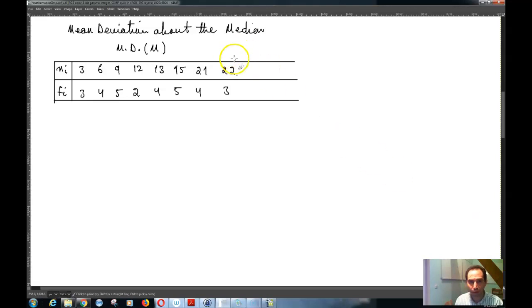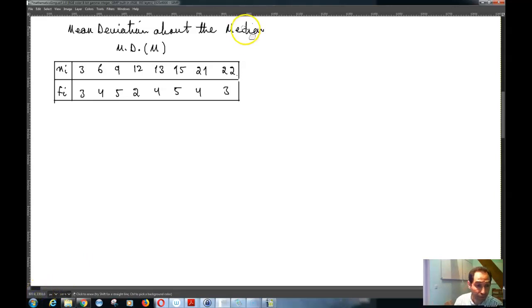That is your data, and you want to find the mean deviation about the median for this data.